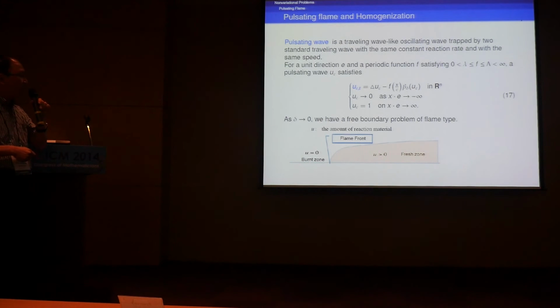And this is the standard traveling wave if this is 1 or constant. So U represents the amount of reaction material. If U is 0, then there is no material, and that is the burnt zone. And if U is positive, then it's the fresh zone. Here, the junction between them is a flame front, which is moving.